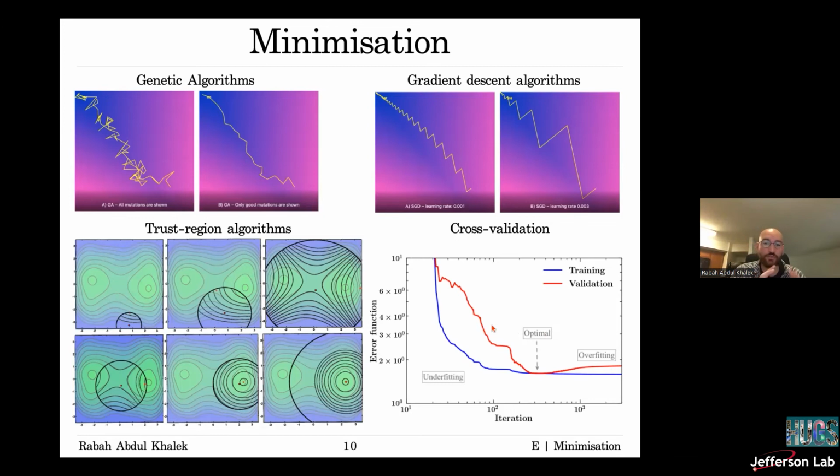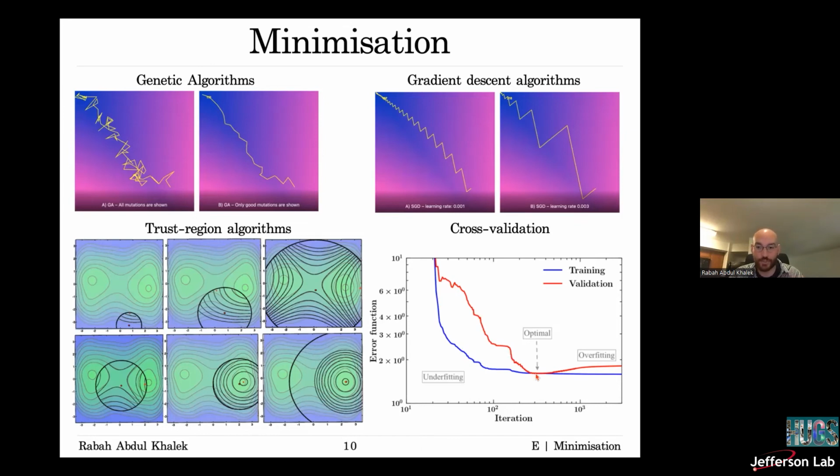So what you usually do is keep a specific subset of data outside the training, where you train on, let's say, 80% of the data in blue, and you always check how well the neural network does against the validation set in red. So when you start, of course, these curves will go down together, because the more you improve on the training set, you'll do better on the validation.